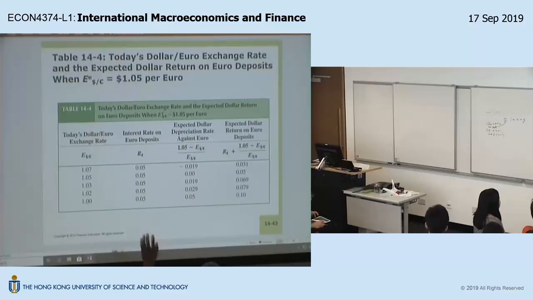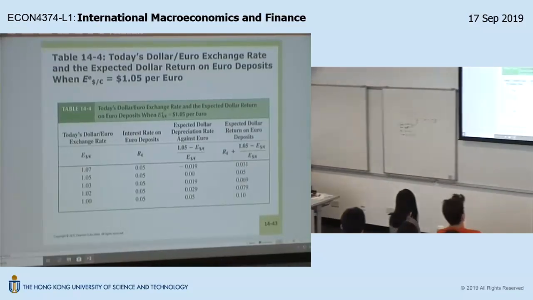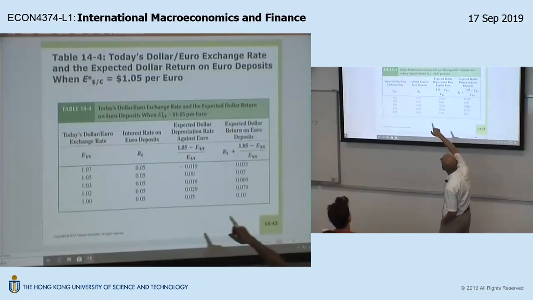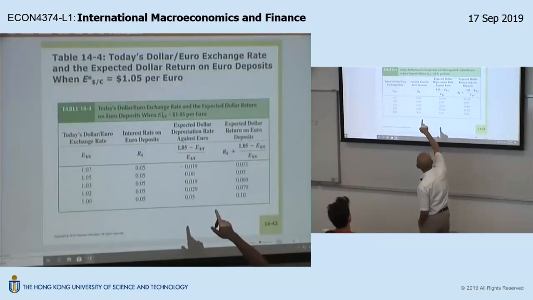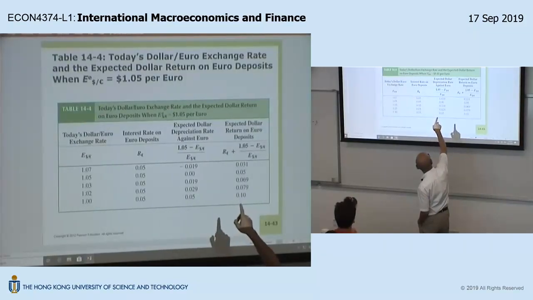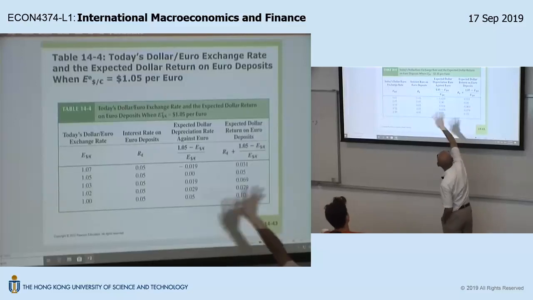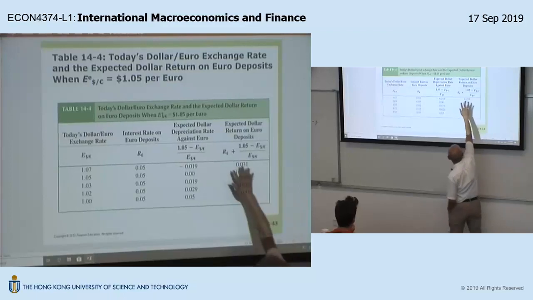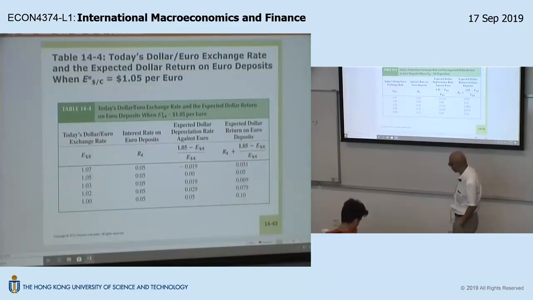So given that E^e is constant, fixed at 1.05 dollars per euro, we want to calculate the expected dollar rate of return on euro deposit. So our purpose in this exercise is to calculate this expression, given that E^e is equal to 1.05.